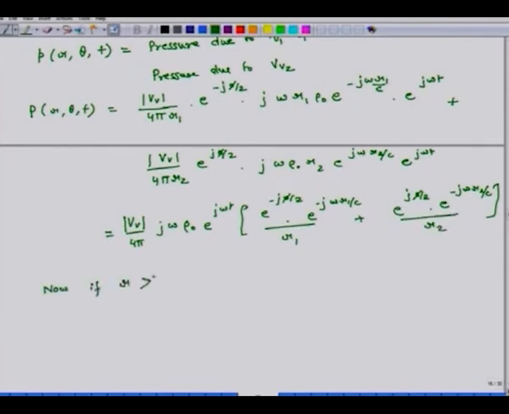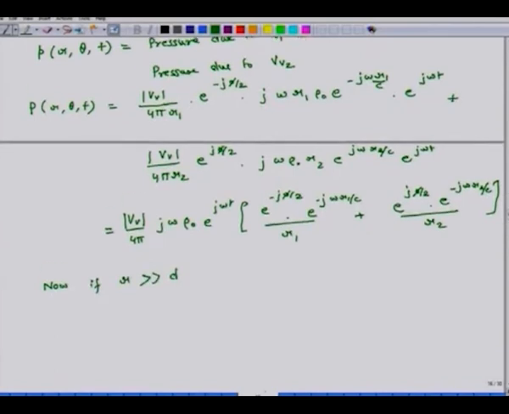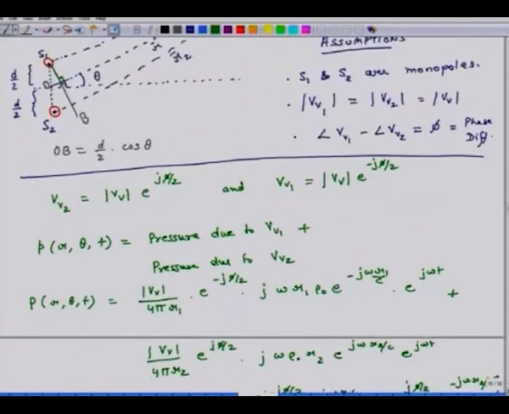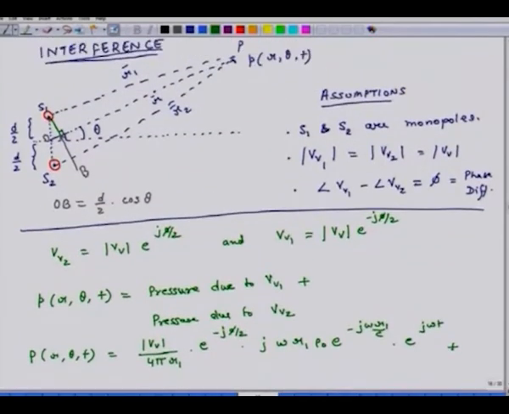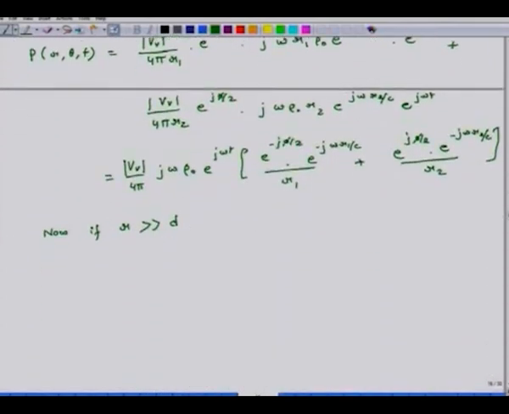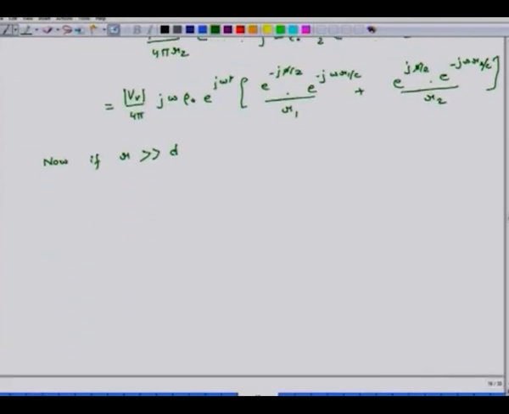Now, we are making an assumption here: if R, which is the distance between the point of observation and the origin, is extremely large compared to D, the distance between these two sources, then R1 is approximately equal to R minus D sin theta over 2, and R2 is approximately equal to R plus D sin theta over 2.